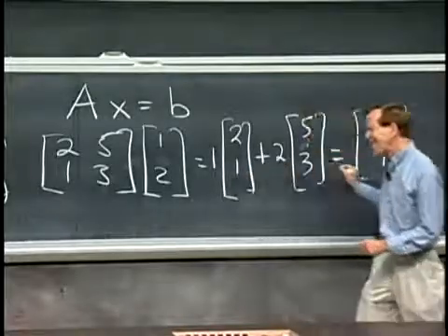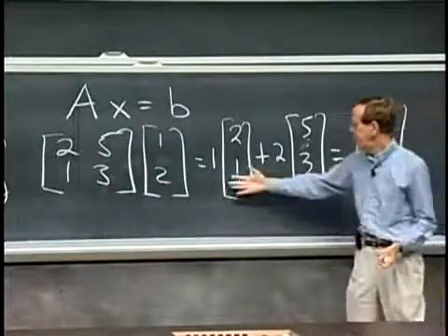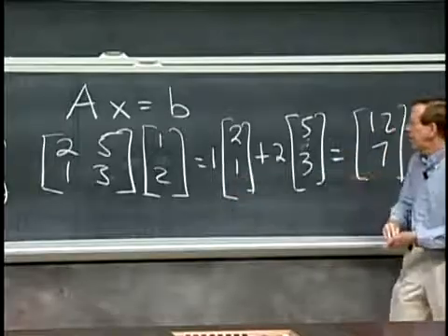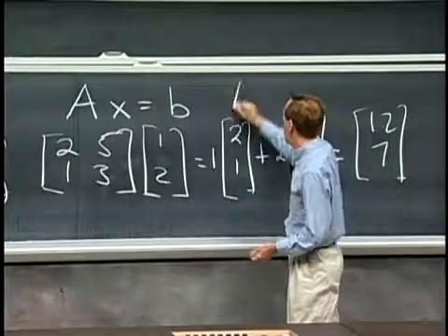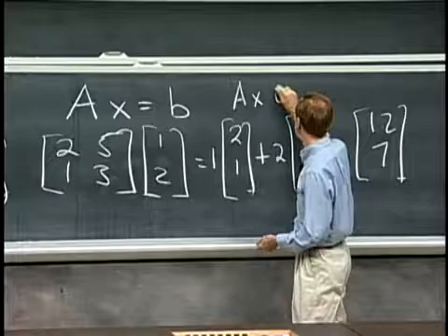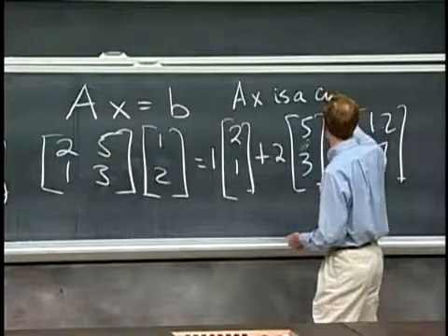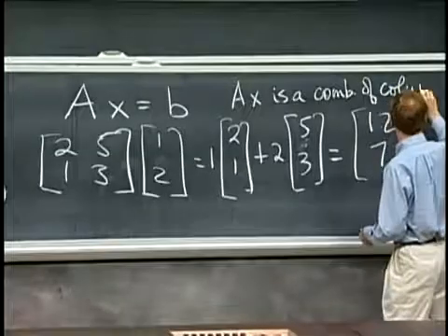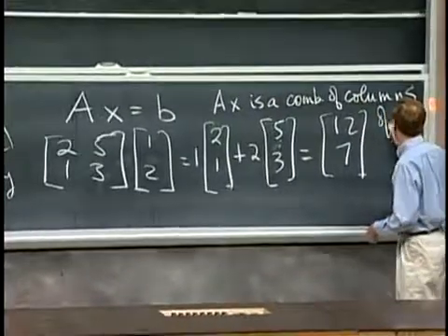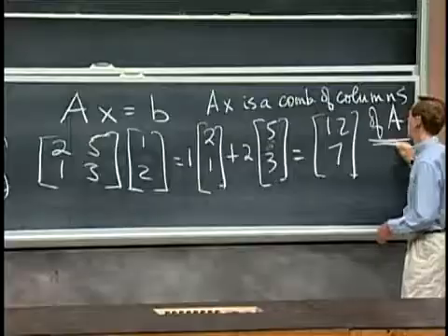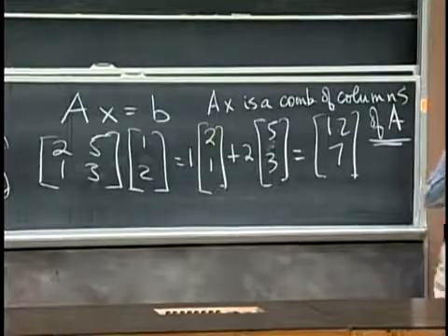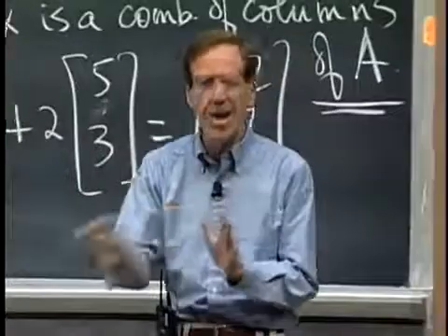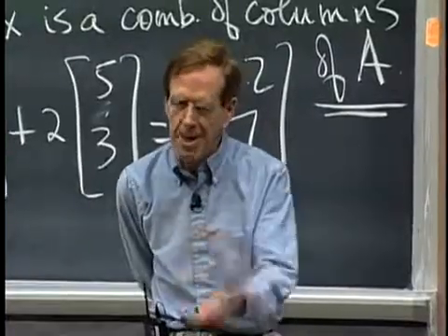But I also like to see it by columns. I see this as a linear combination of the columns. So here's my point. A times x is a combination of the columns of A. That's how I hope you will think of A times x when we need it.